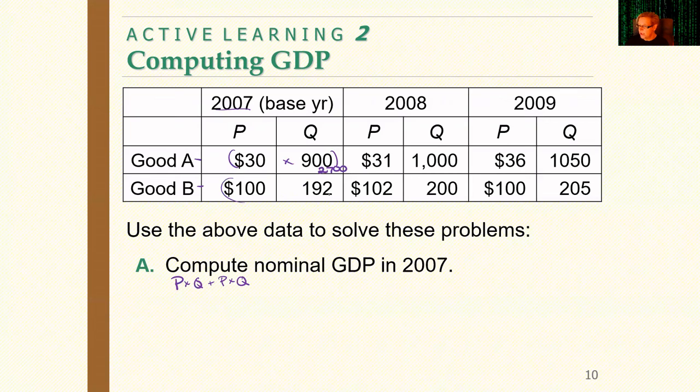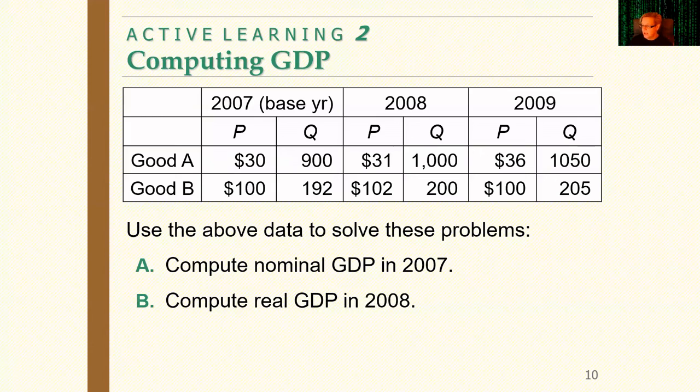Price times quantity, and that's going to be 19,200. I'm going to add those two together, about 21,900. So nominal GDP is 21,900 for 2007.